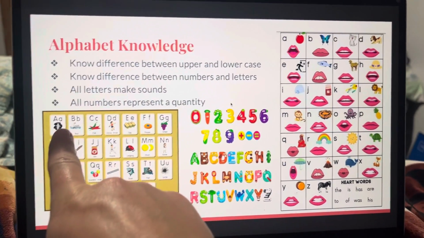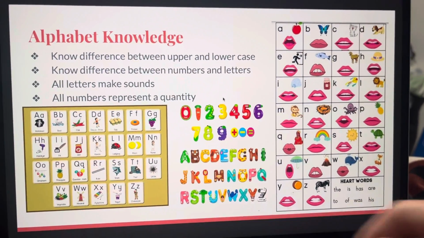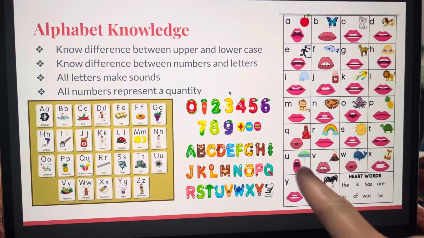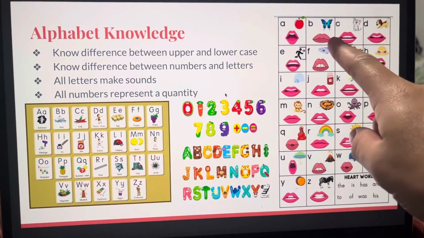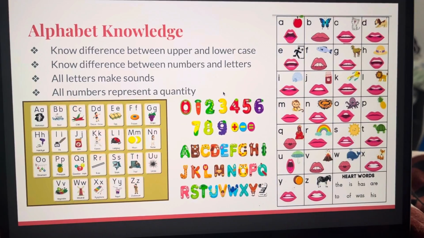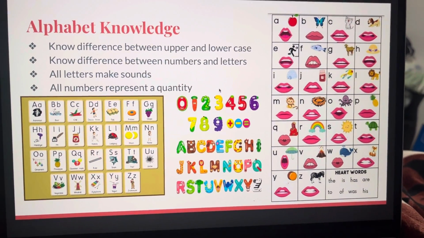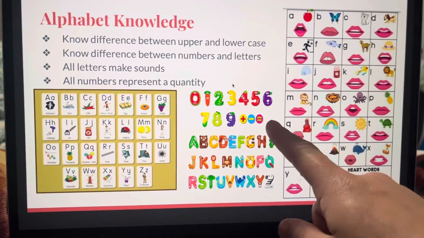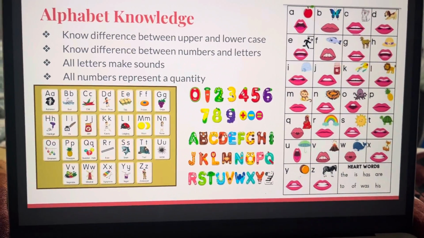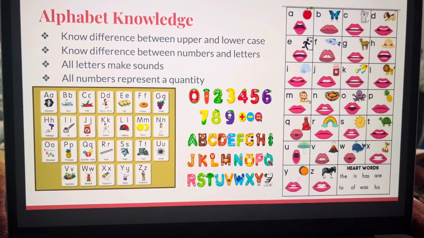So here's an example of upper and lowercase of each letter in the alphabet. Here's an example of all lowercase with a picture, and it also shows what the mouth should look like when you are talking. And here it shows numbers and how you could add, subtract, and what they equal.